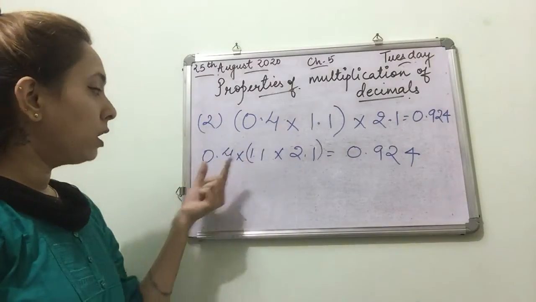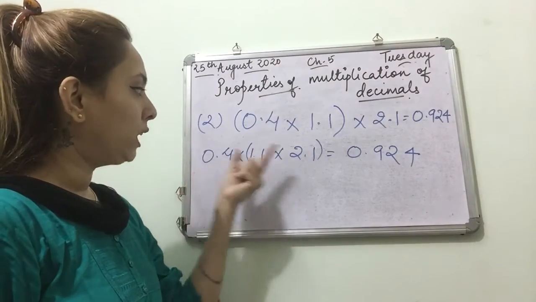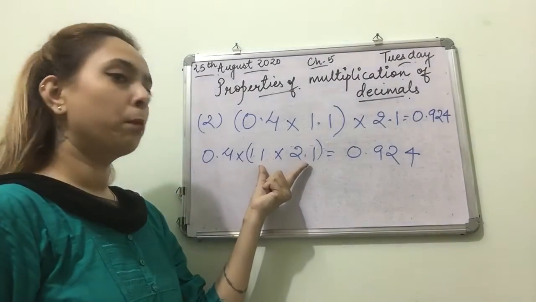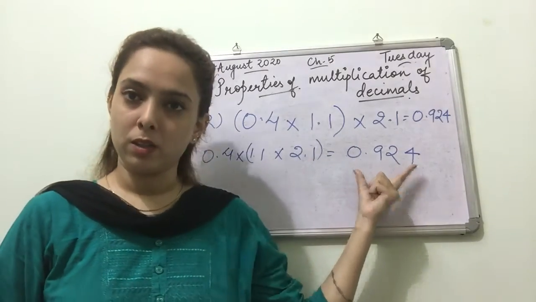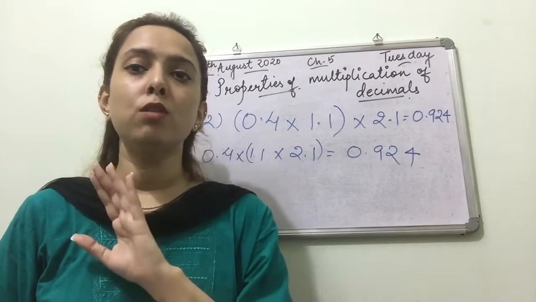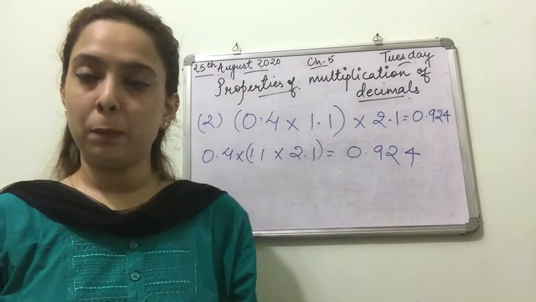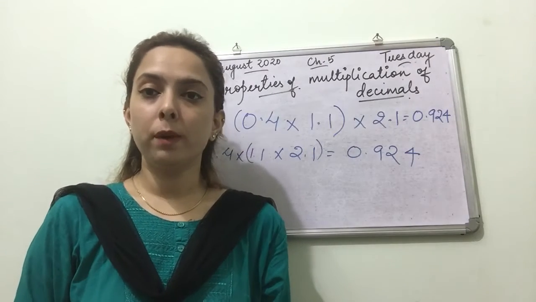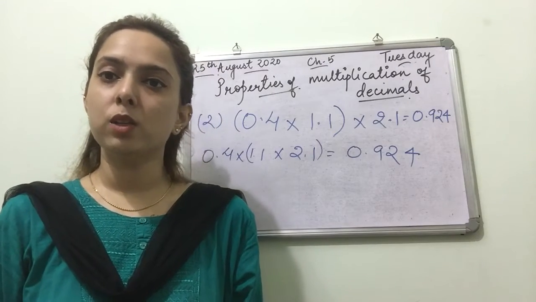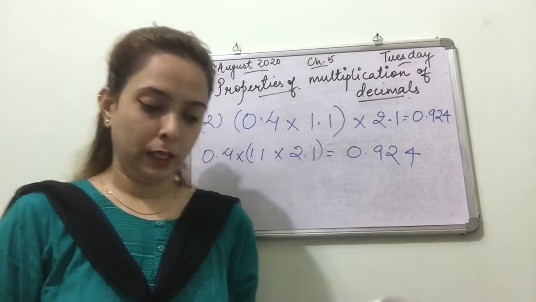Here in this case, you will multiply this decimal by the product of multiplication of these two numbers, you will get the same answer. So grouping will not make any changes in the multiplication. This is the second property. These properties you have to keep in your mind while solving the fill in the blanks, and this exercise you are going to do in your book only.